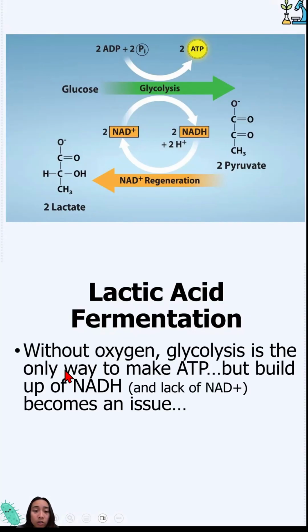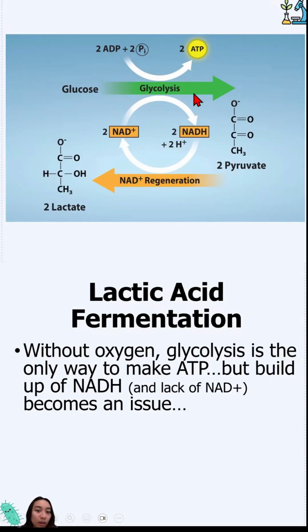Again, without oxygen, the only thing we have is glycolysis. So we go through glycolysis, we make 2 ATP. I know it's not a lot, but it is what it is. Now, when we go through glycolysis, we are producing NADH, and we're going to be running out of NAD+. This becomes an issue because once we have too many NADHs, we also can't go through glycolysis.